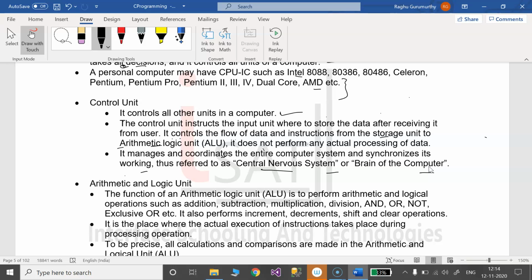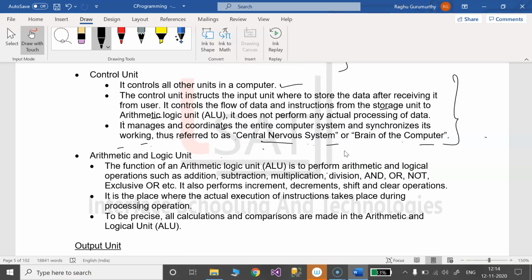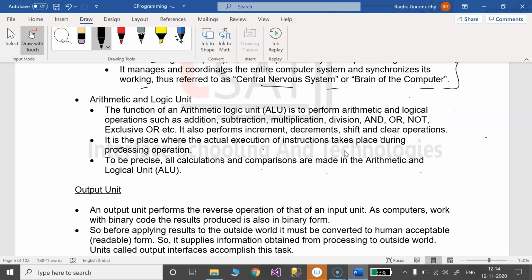So along with controlling, coordination is also happening. That's why we call it the brain of the computer or central nervous system. This is regarding the control unit. One thing we need to remember: the control unit controls, coordinates and manages all peripheral devices. Later, we have the arithmetic and logic unit.